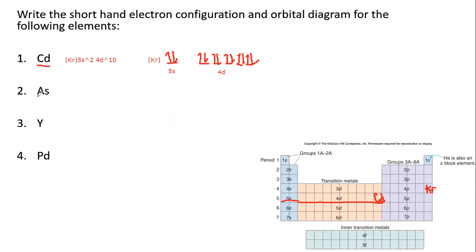Next we go to arsenic, As, and if you look at the periodic table, arsenic's on the 4th row, and so it's right here. It's a p block element, meaning that the last orbital filled is a p orbital, and the row that arsenic's on will tell you what the last p orbital is.